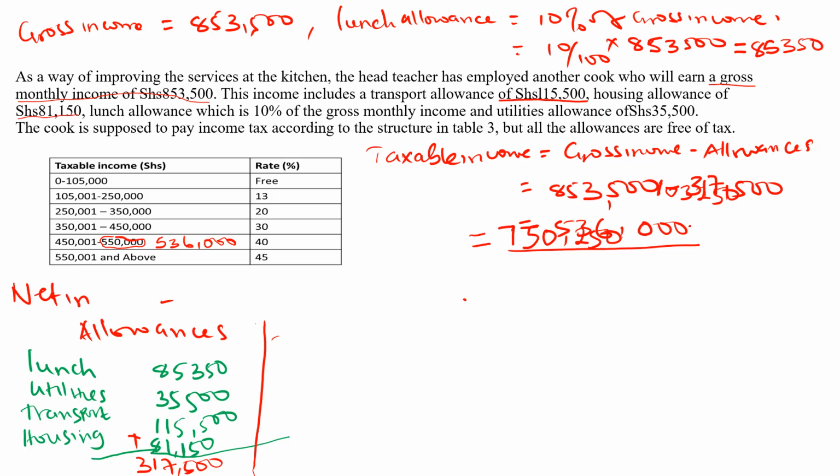Now I'll need to come and find the income tax. Come here and I find the income tax. I'll come and I say taxable income. Come and I say here rate, and then here income tax.